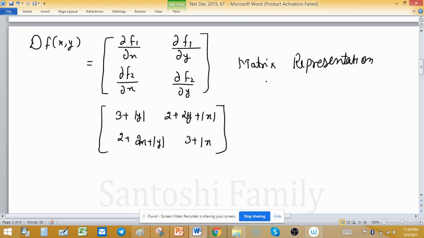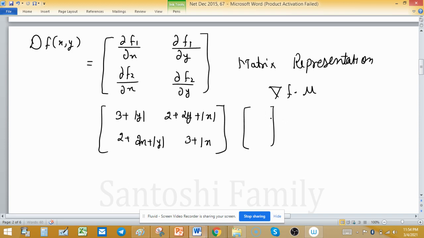And whenever you find a directional derivative, because these are partial derivatives, we need to take the dot product with the vector in which direction we are going to find. Suppose this is vector u, so take it as a column vector and multiply this one.